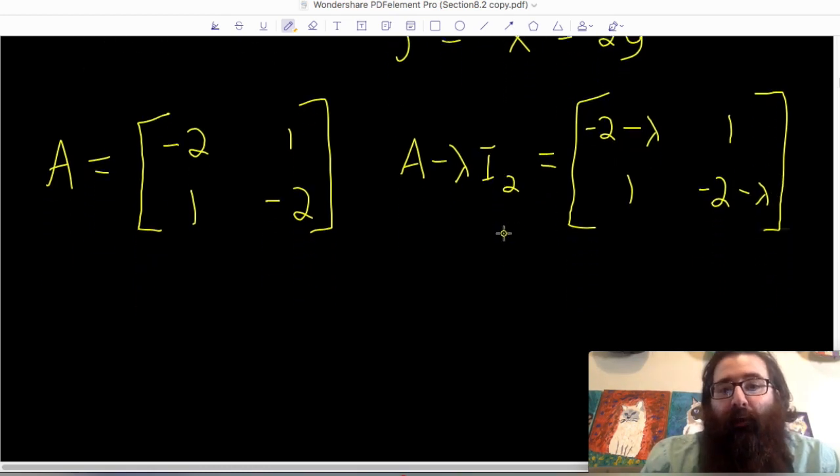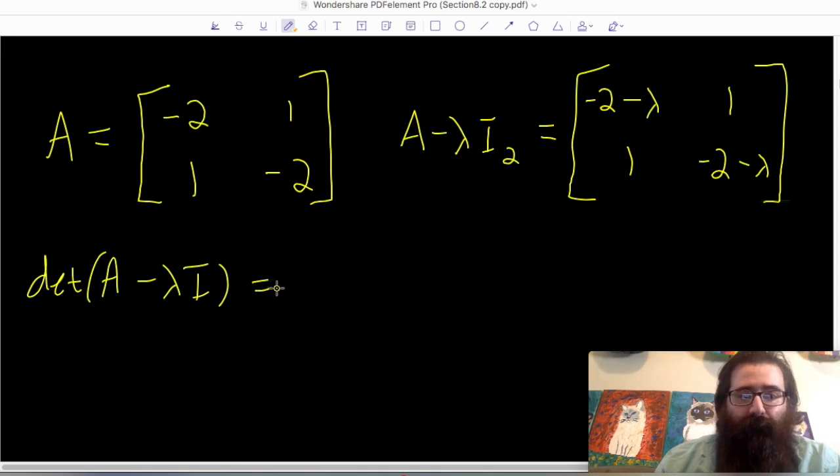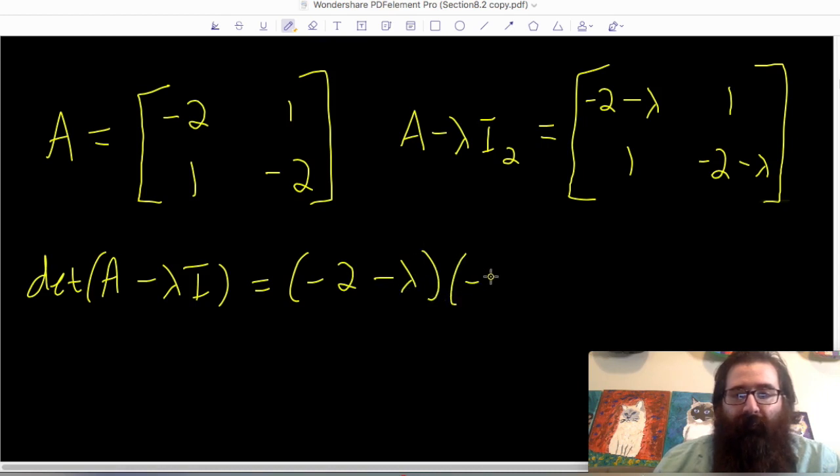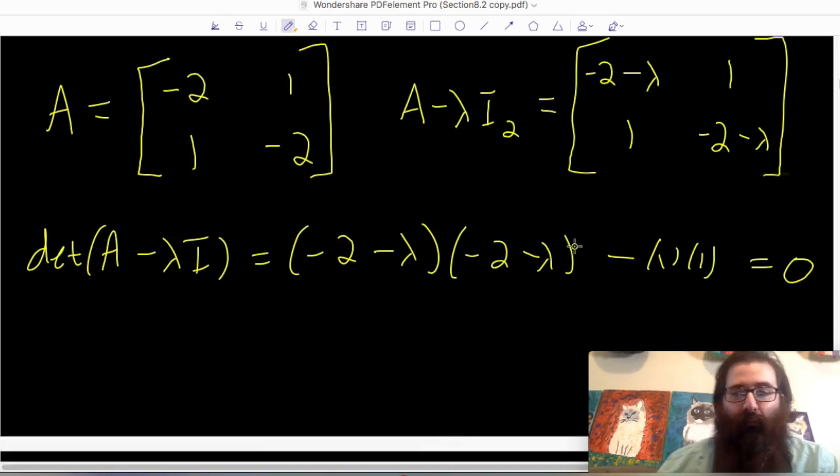Now from here we want to find the determinant of A minus lambda I. We multiply on the main diagonal, so negative 2 minus lambda times negative 2 minus lambda, and then we subtract the product on the off diagonal, so minus 1 times 1, and we force that determinant equal to 0.